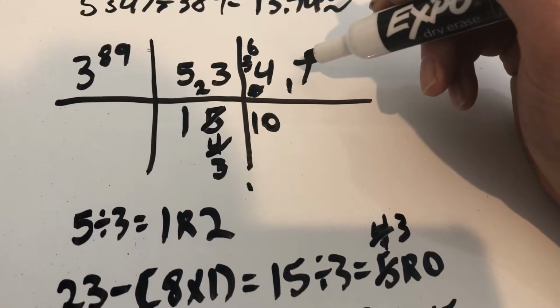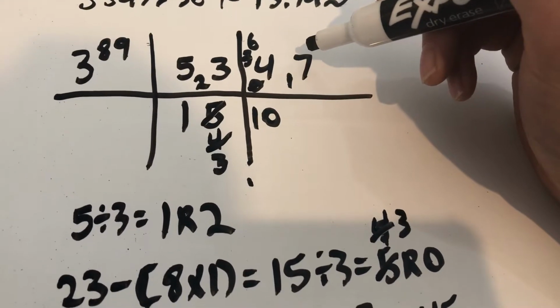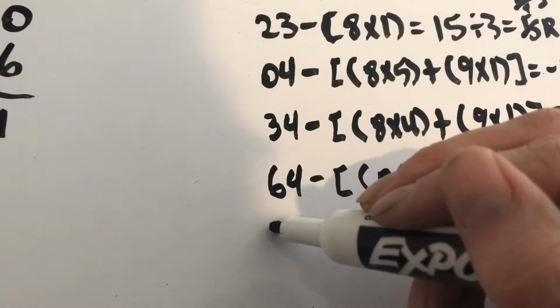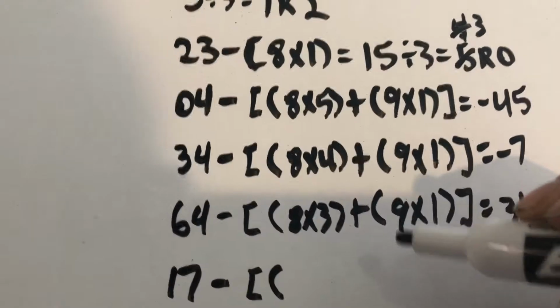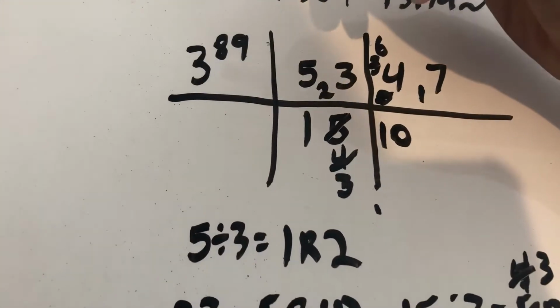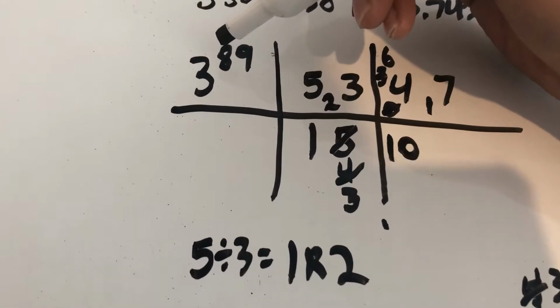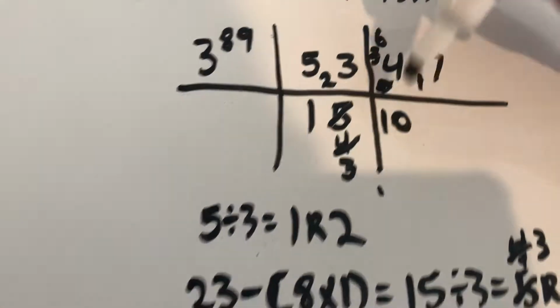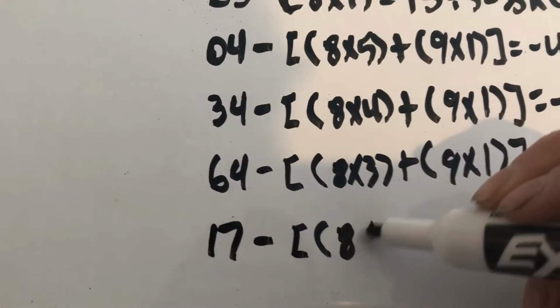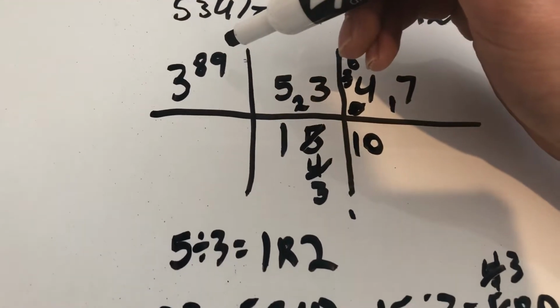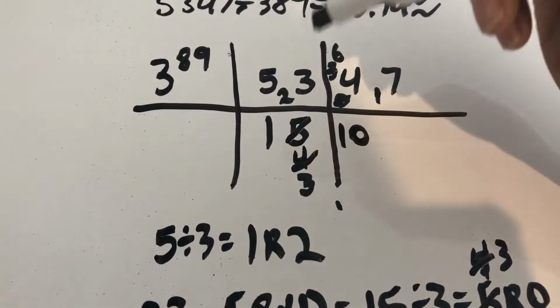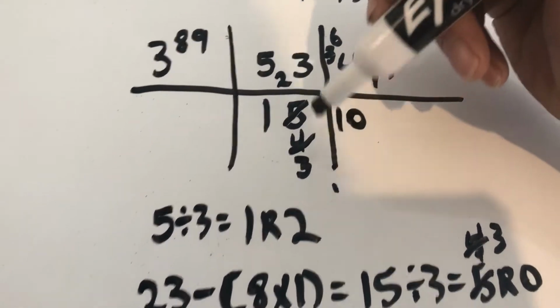Now we look at 17 as our next gross dividend, or prefix, whichever you want to call it. So then we write 17 as our gross dividend, minus the first flag, 8, times the third quotient, 10, and the second flag, 9, times the second quotient, 3.